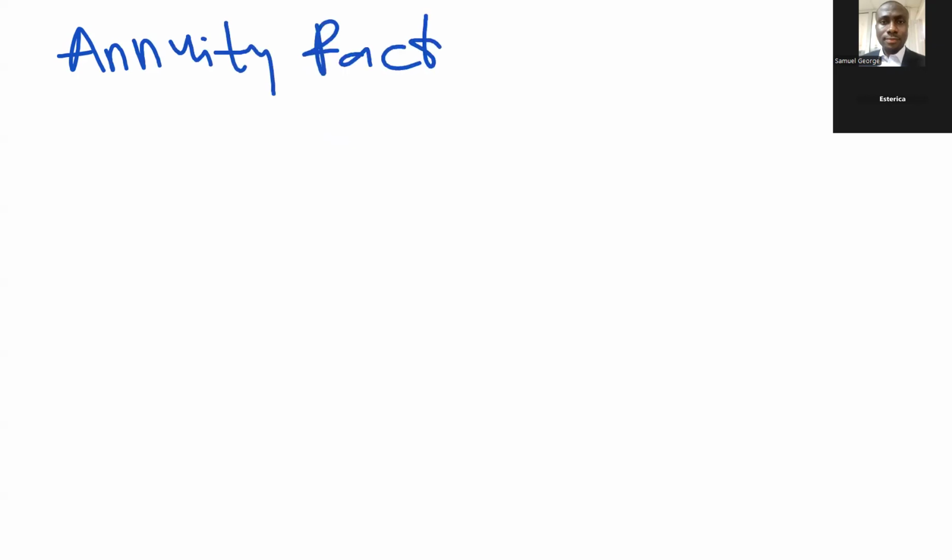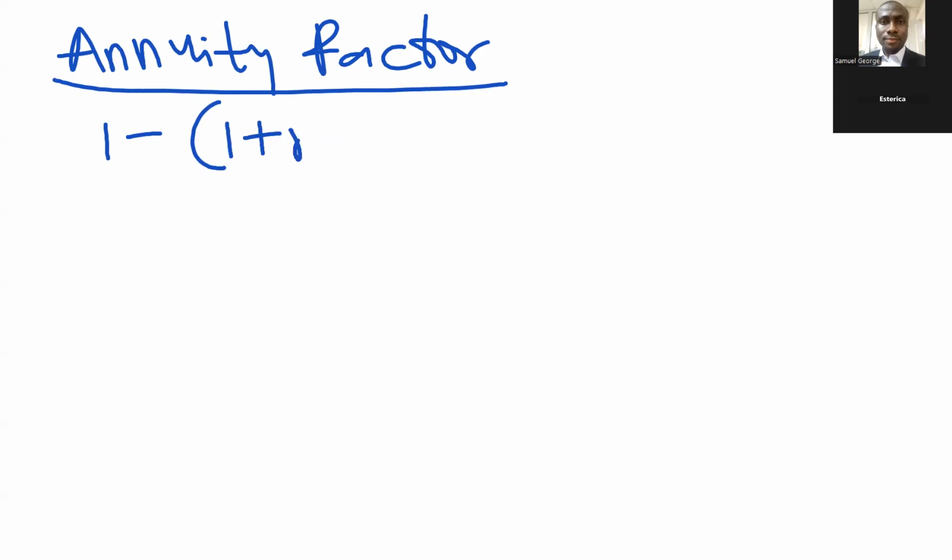So annuity factor is equal to 1 minus 1 plus r raised to power minus n divided by r. Now, that is annuity factor.